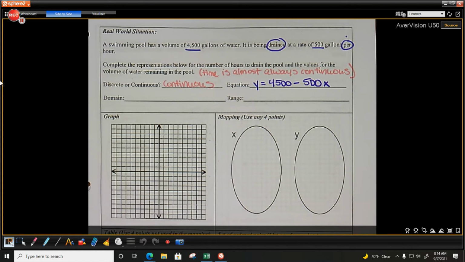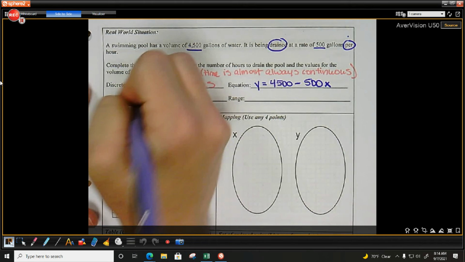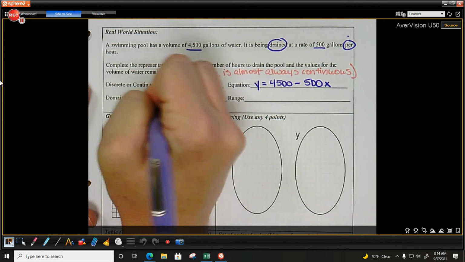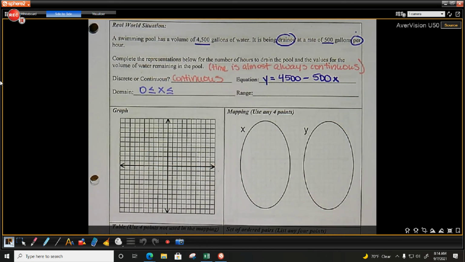I'm not draining my pool right now. I don't have a pool, I wish I did. 0 hours is less than or equal to x, less than or equal to. Now I need to figure out what's the most time my pool's going to drain for. How long is it going to take for the pool to be empty? 9 hours. How'd you figure that out?